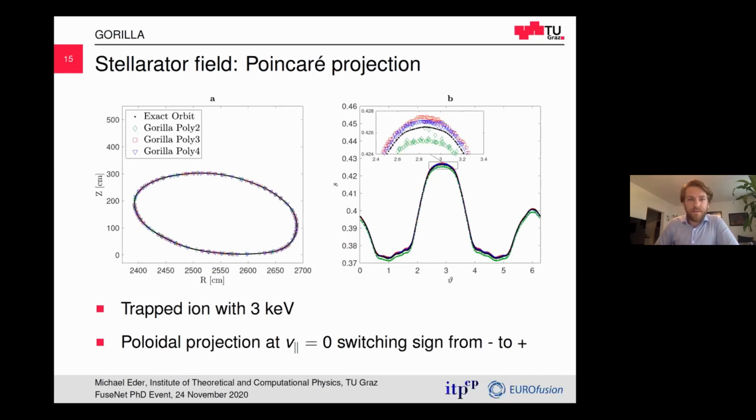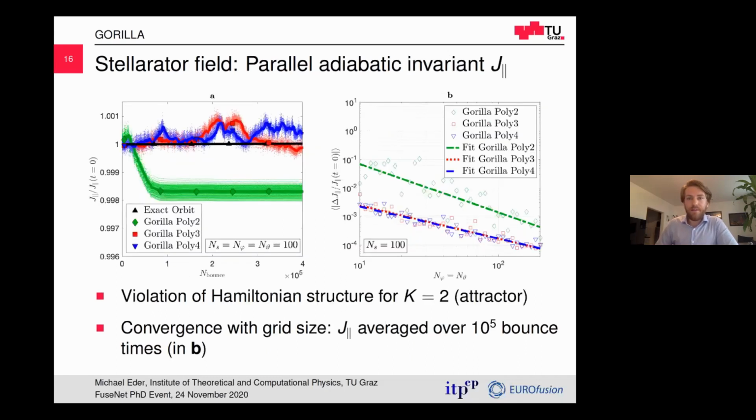We also applied this new integrator to stellarators, and here again Poincare projections, once in cylindrical coordinates and the same picture here in symmetry flux coordinates. The results are quite similar to an exact orbit, and they are getting better the higher the polynomial order of our approximate solution. Finally, we also looked at the parallel adiabatic invariant, which is mainly almost conserved in stellarators.